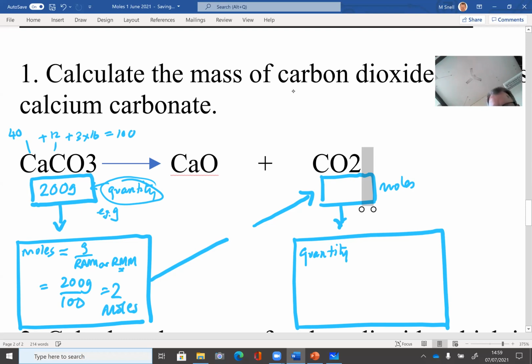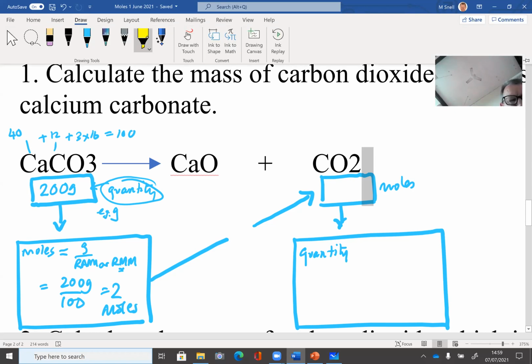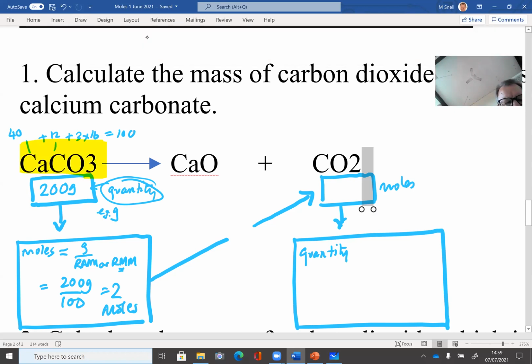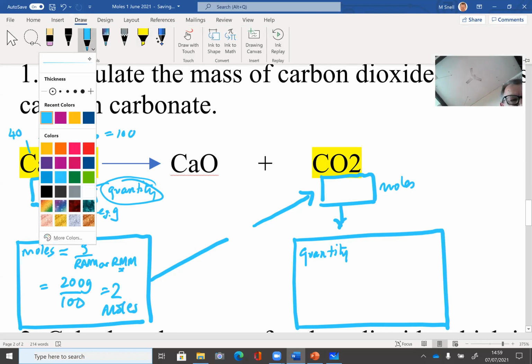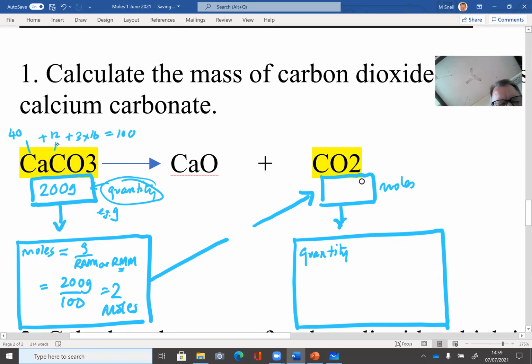Now, from my equation, I can see that one CaCO3 gives one CO2. If there was a different number here in front of the CO2, then that would be different, but it isn't. Now I'm going to change my color, because the blue was all about calcium carbonate, and now I'm going to go to carbon dioxide.